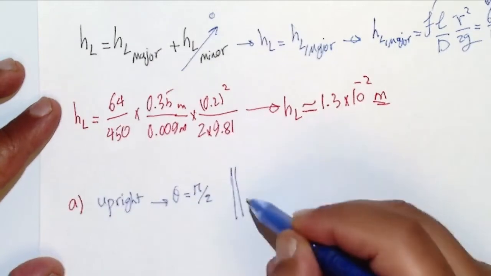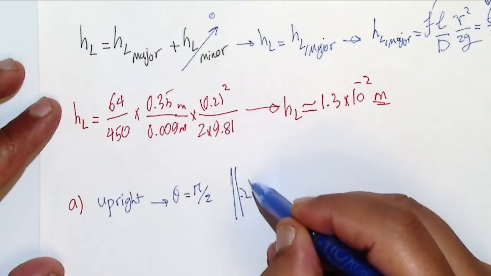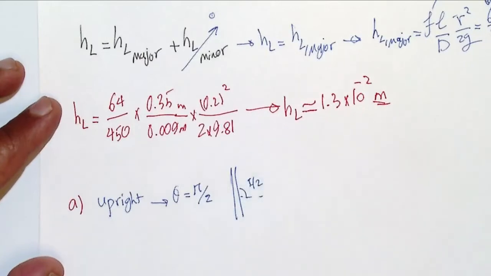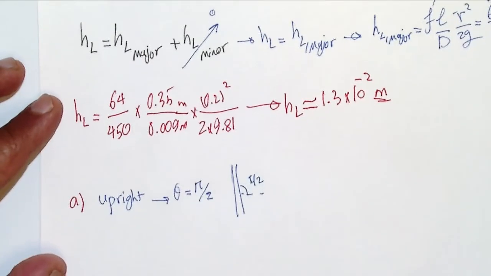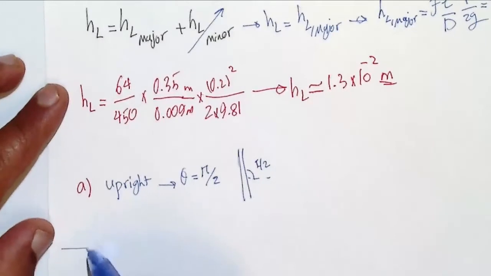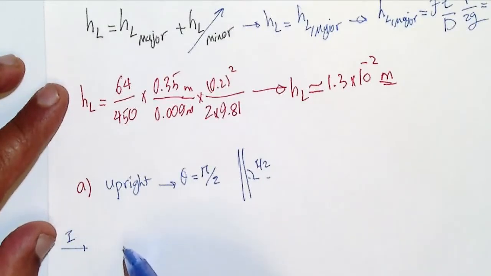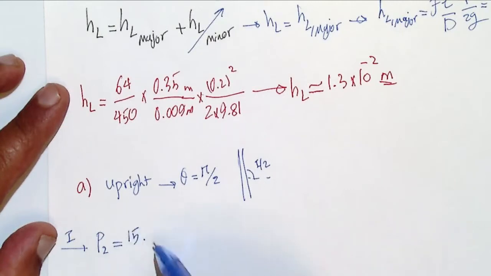So it's going to be like this, and theta would be pi over 2. Then in equation 1, you will have P2, which is equal to P1, which we found is 15.96 kilopascal.